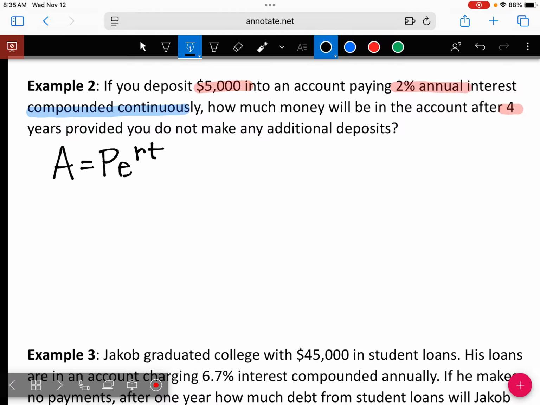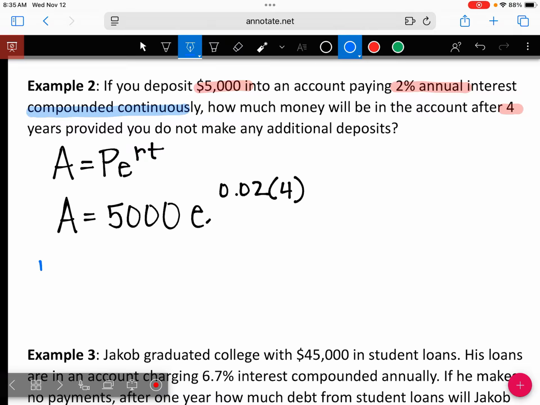So I'll give you all a second to see what you get. So this time my starting value is $5,000, my rate is still 2%, and T is 4 years. So we're just going to type that in and see what we get.